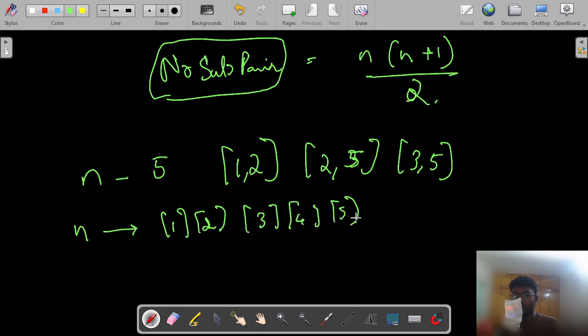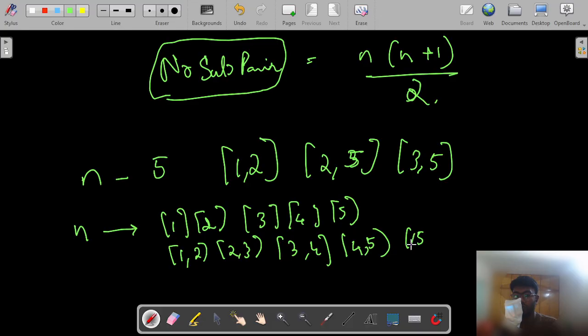I would try to write all the possible subarrays, excuse me if I miss any. 3 4, 4 5, 1 5, 2 5, and 3 5. Okay, so let's see what the formula gives us.